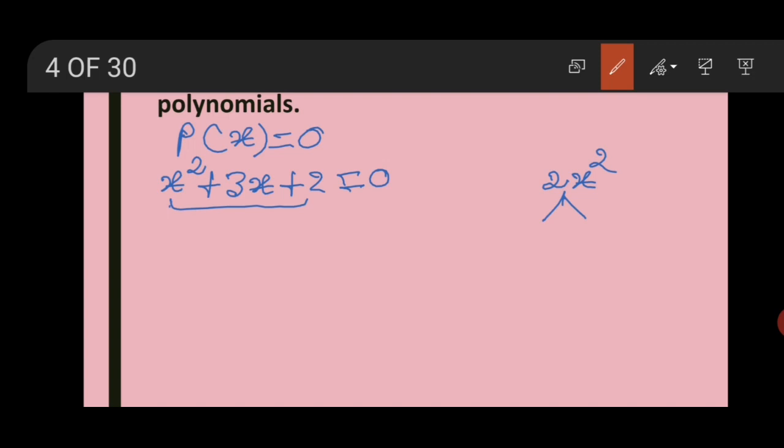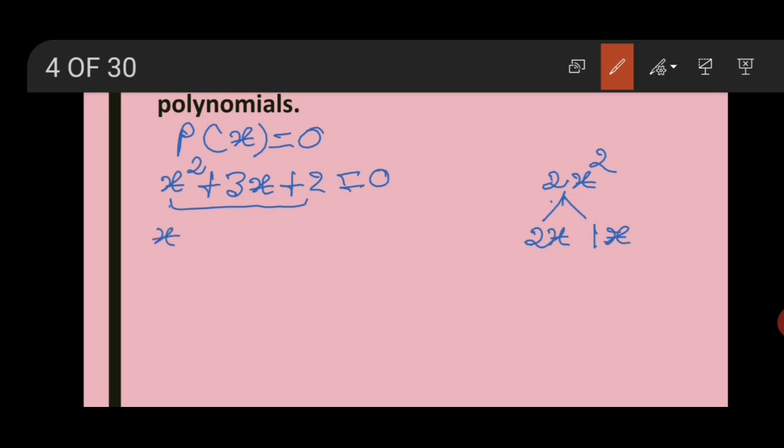What are the two numbers? When it multiplies, you should get 2 and sum as 3. Yes, correct. 2 and 1. 2 ones are 2 and sum of that two numbers equal to 3. So 2x and 1x are the two numbers.